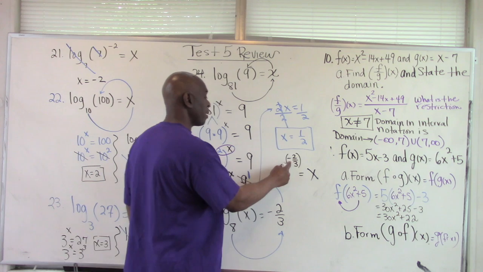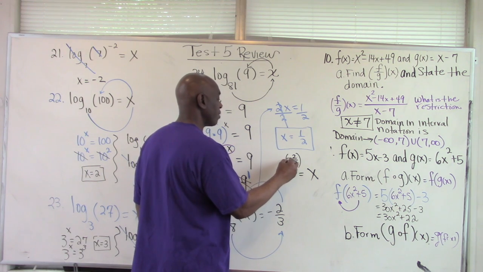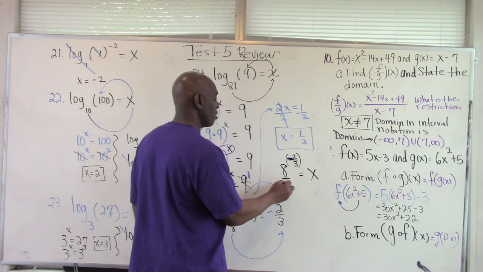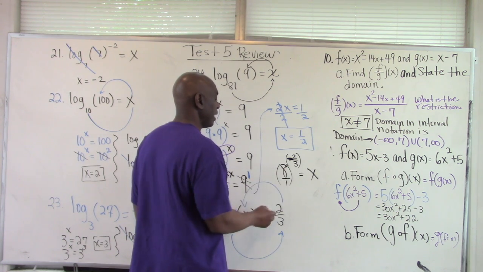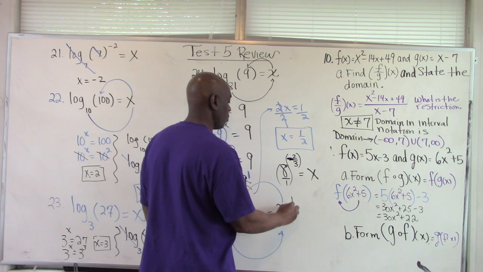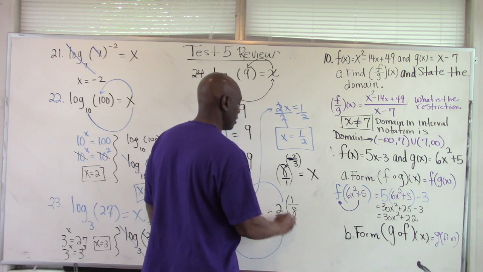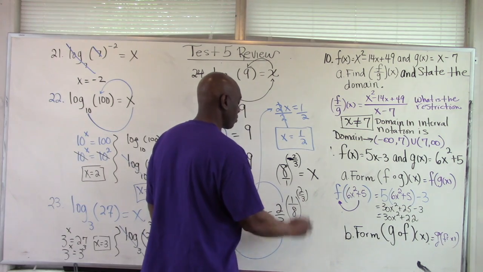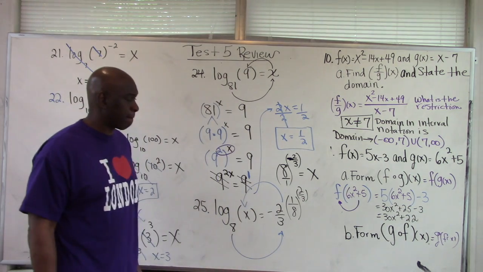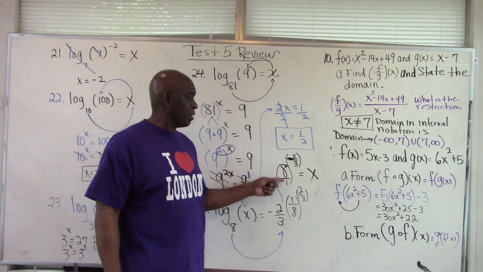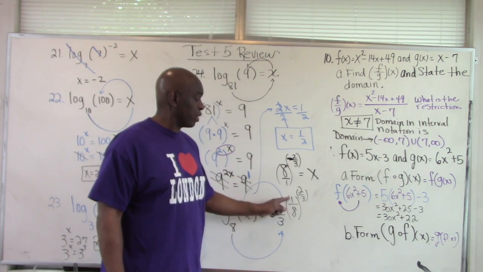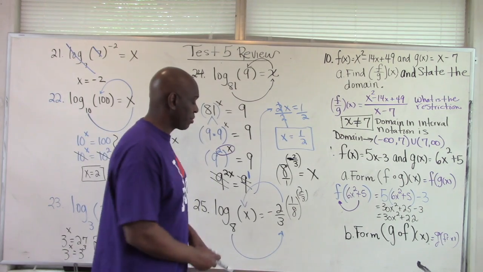Since my exponential power is negative, that means I have to take the argument, which is 8 over 1, and reciprocate it. So it's going to be 1 divided by 8, and now it's to the positive 2/3. Reciprocate the argument whenever the exponential power is negative. So we get 1/8 to the power of 2/3.